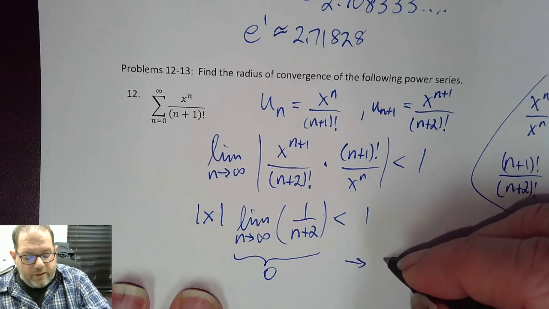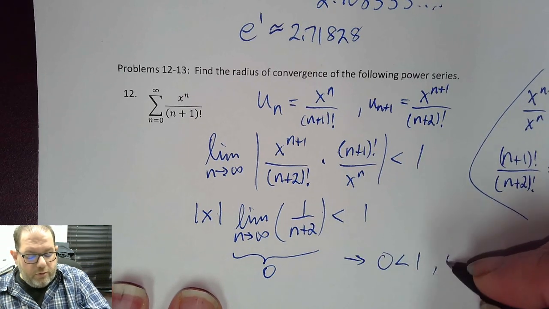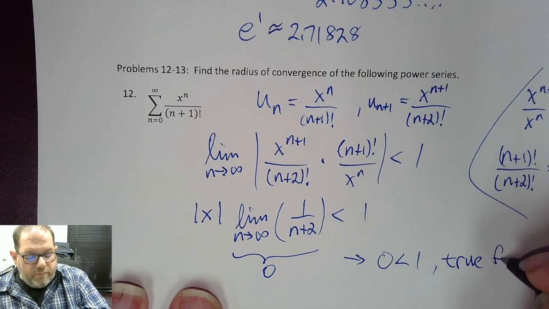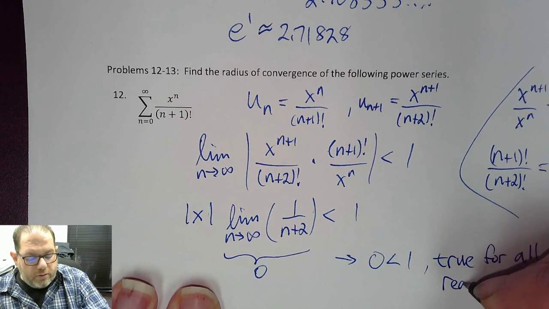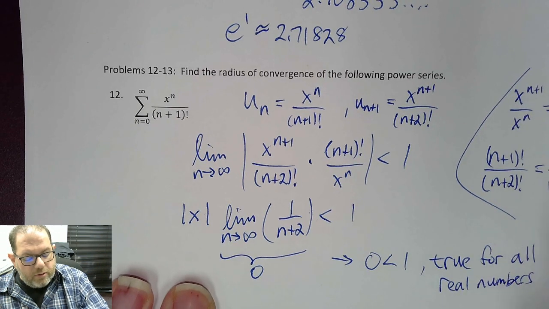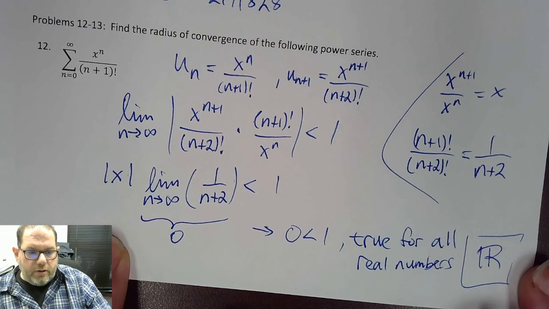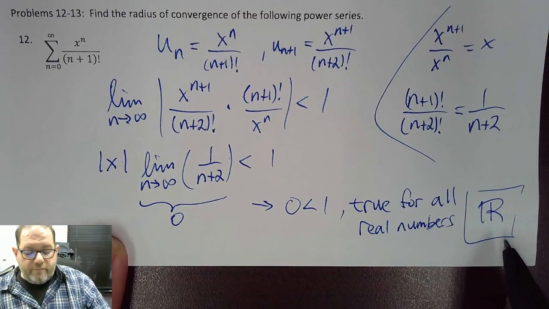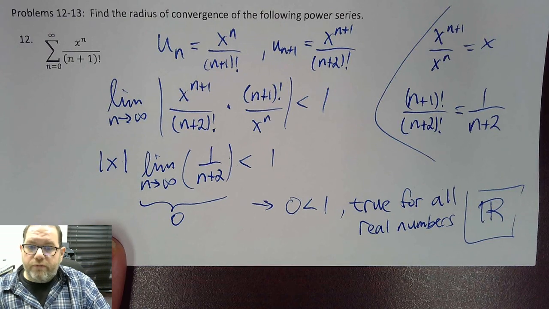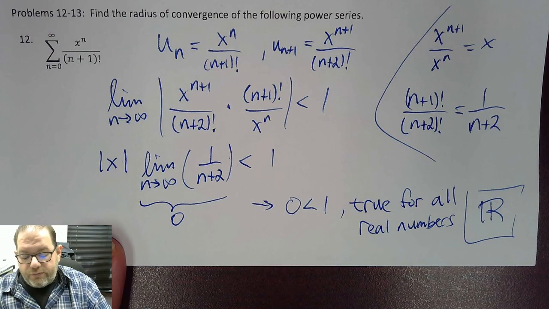So we're left with the statement 0 less than 1, which is true for all real numbers. However we want to express that is fine, but our radius of convergence is basically all real numbers. It works for any value of x that we choose. And that's because this is basically an exponential function we're looking at here.